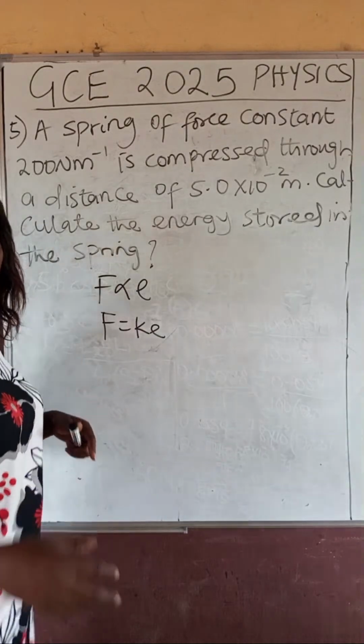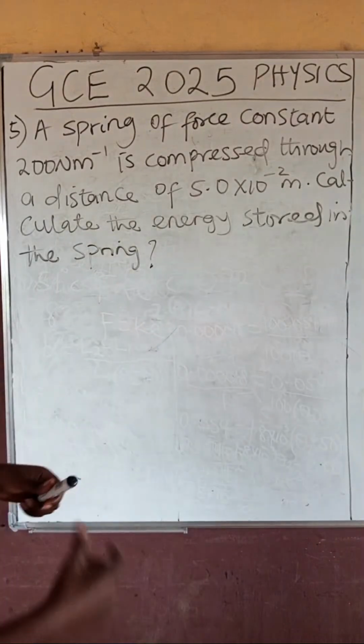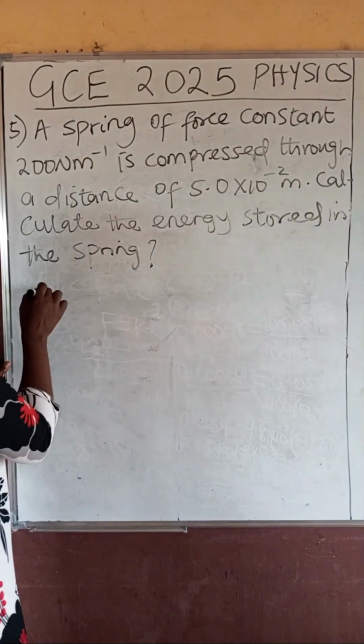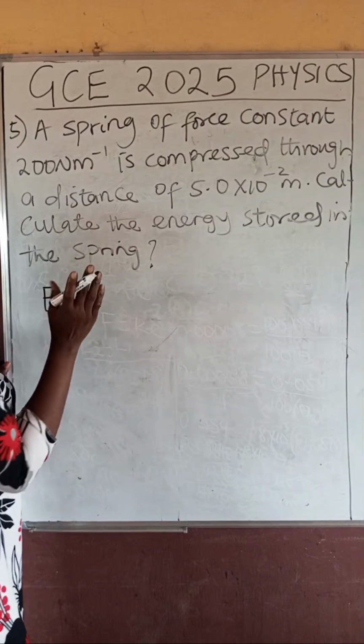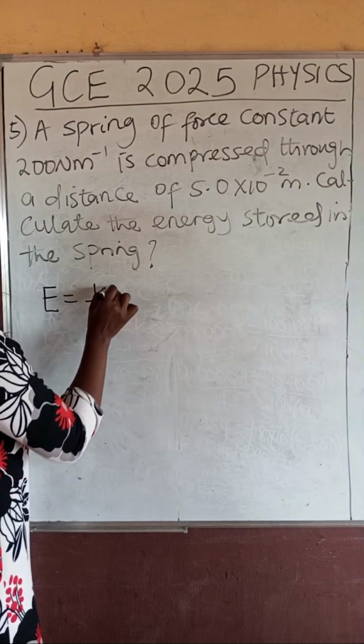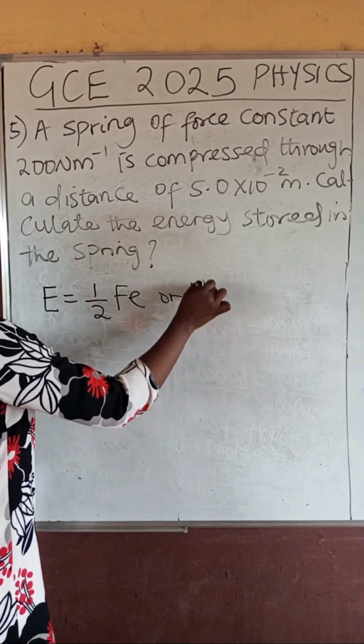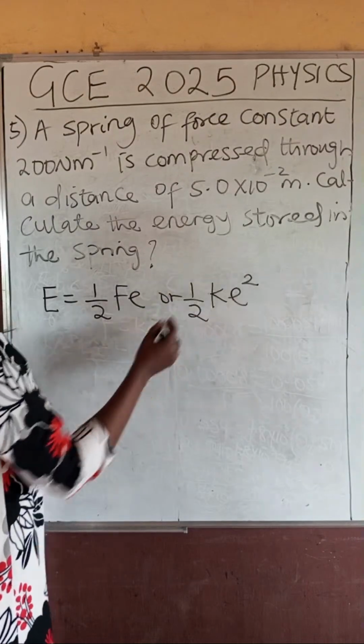Is that clear? The energy stored in the spring is the same thing as work done, in case you are asked. It is equal to half Fe or half Ke squared.